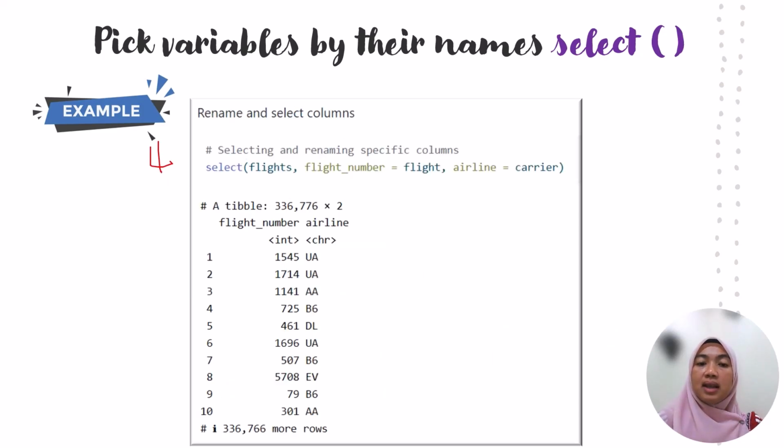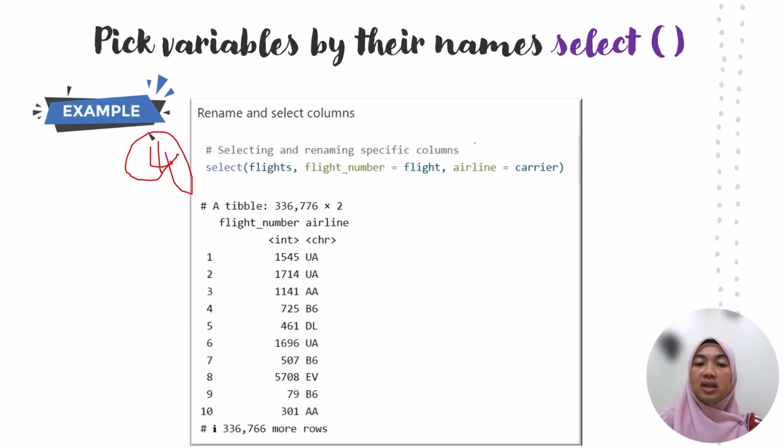All right, the last example, example number 4, is we want to rename and select columns, selecting and renaming specific columns. So we use select, flight_number equals flight, airline equals carrier. So flight_number is equal to flight and airline is equal to carrier.